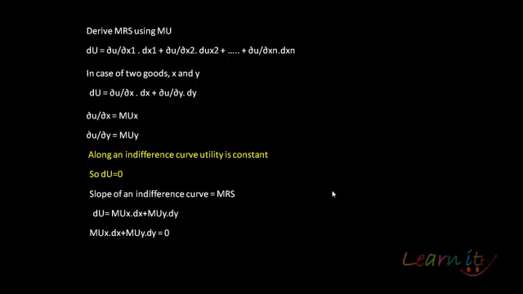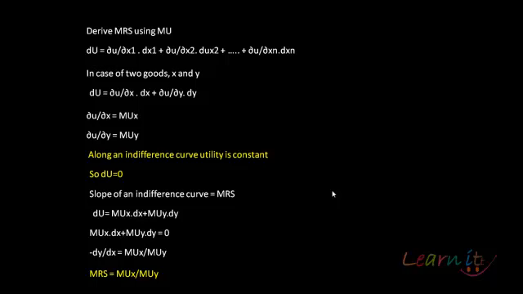Writing it in the form of dy by dx, and taking the minus sign along with dy by dx, minus dy by dx would be equal to mux upon muy, that is, del u by del x upon del u by del y. So MRS, which is given by the negative slope of the indifference curve, is also equal to the ratio of the marginal utilities of the two goods consumed. Clear?